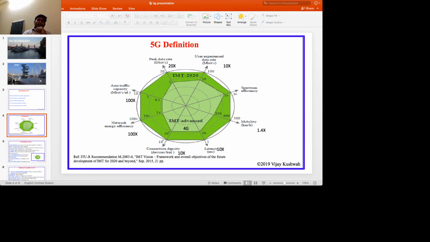Now next is mobility. You can see here 4G covers 350 kilometers per hour speed, and 5G will allow up to 500 kilometers per hour.